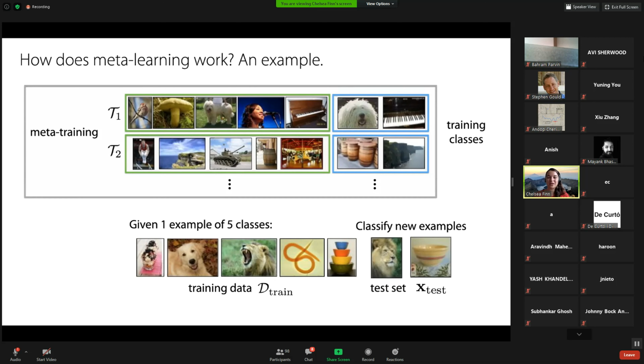And then once we do this meta-training process across many different tasks, then at meta-test time, given a new task with new image classes, we can effectively solve the problem. Essentially, meta-learning is learning how to learn from small amounts of data such that you can generalize to new tasks. And in this example, the tasks are image classification tasks, but they could also be other machine learning tasks like reinforcement learning, imitation learning, and so forth. So that's roughly what the meta-learning training setup looks like.